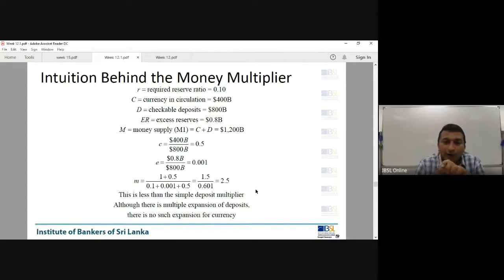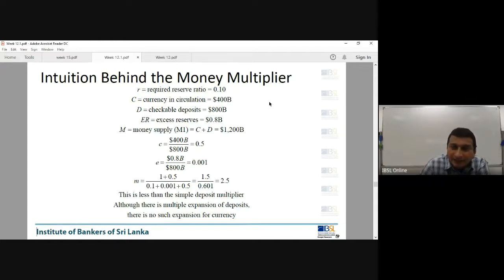in absolute value. So you know that C is small c, currency ratio, times deposits. And they have given deposits here, checkable deposits. Checkable deposits is 800. Currency in circulation is 400. So you can write an equation here.